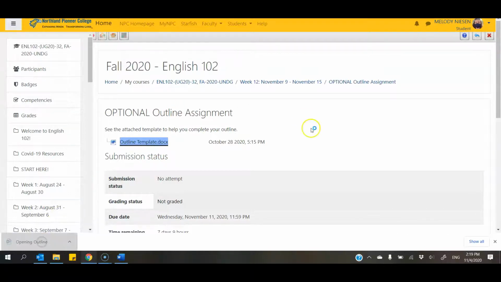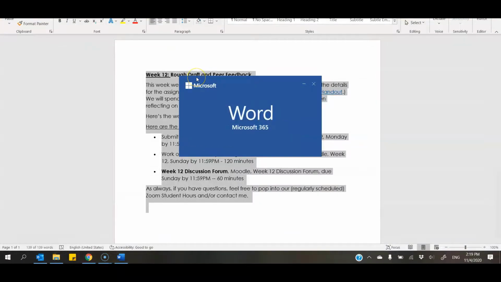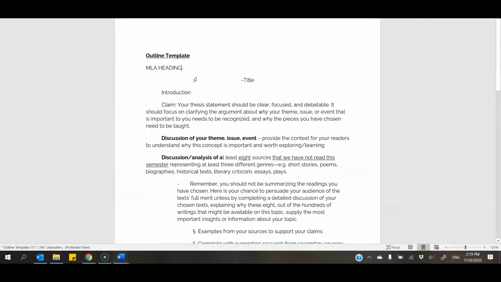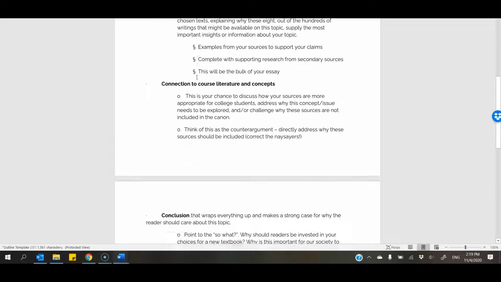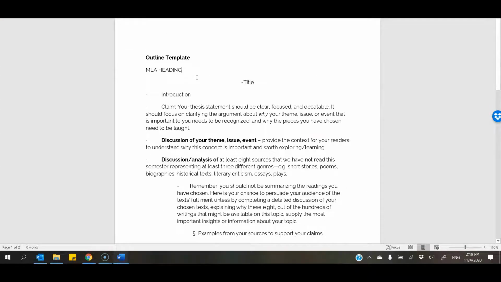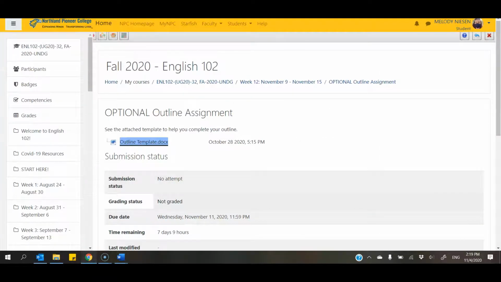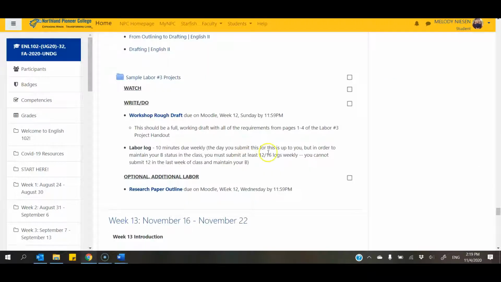You will probably notice that the outline looks very similar to the information that is in our labor number 3 project handout. So this shouldn't be surprising to you. I've given you this information to help you be successful with the essay, so you should utilize it to help yourself. And if you want to do some additional labor to work towards increasing your baseline B, this is a chance to do that. And that's what we're working on this week.